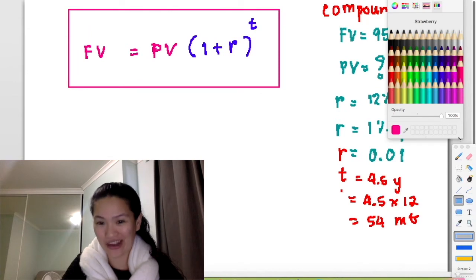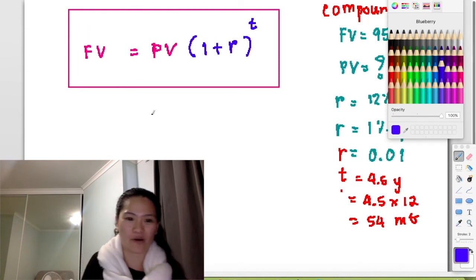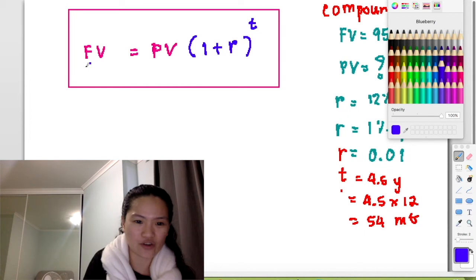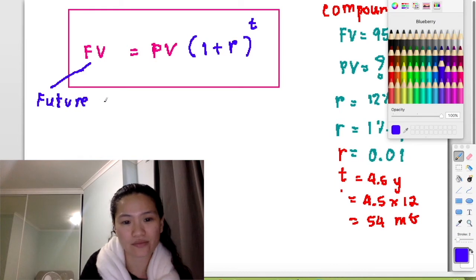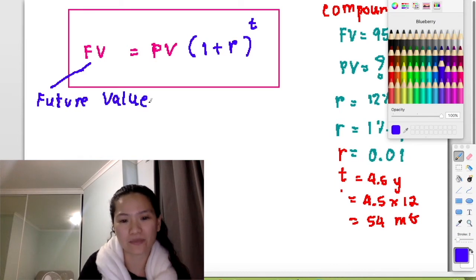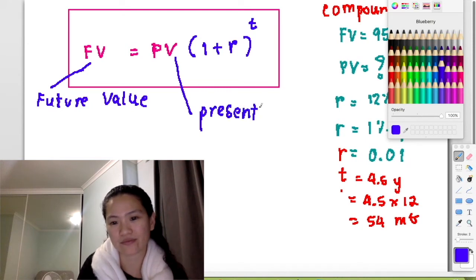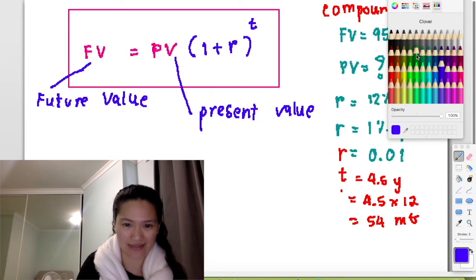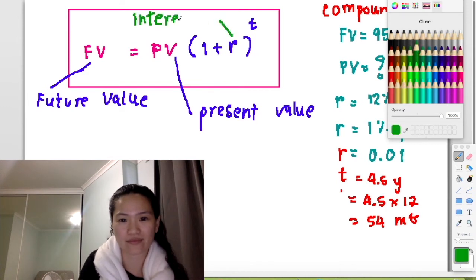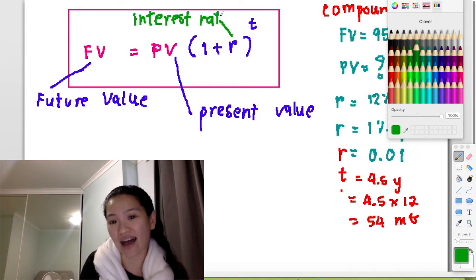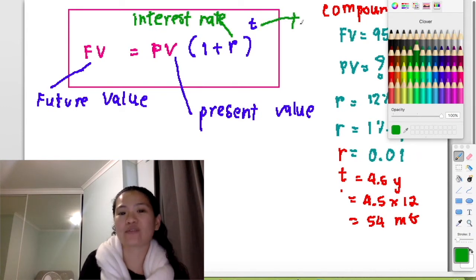First, FV comes from future value. PV is present value. R comes from interest rate. T is time. It's quite tricky.